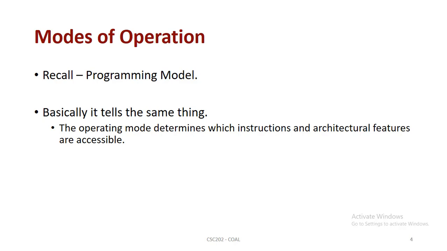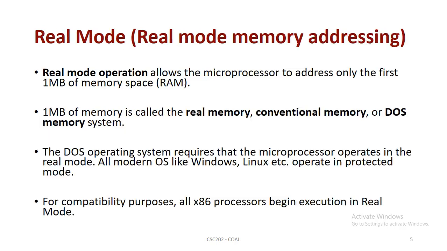It exposes a certain set of features, and if it shifts to another mode, like protected mode, it exposes a different set of features for a system programmer, for an application, for an operating system. So let's talk about real mode first, and then we'll see protected mode and system management mode one by one.